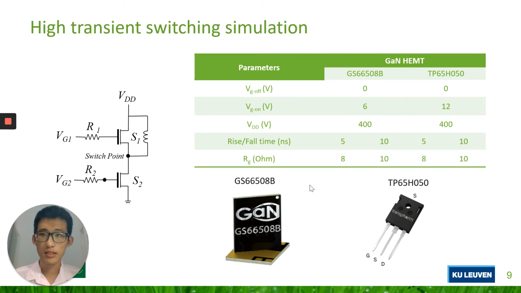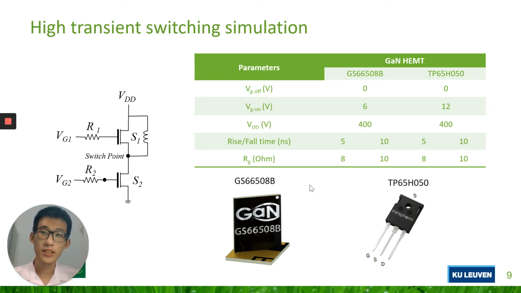Then is the simulation part. We simulated high transient switching results of enhancement mode HEMT and cascode HEMT. For the enhancement mode HEMT, we choose a HEMT fabricated by GaN Systems, and for the cascode HEMT, we choose a HEMT from Transphorm. A half-bridge circuit is simulated.